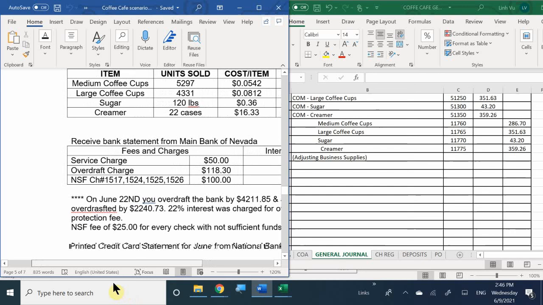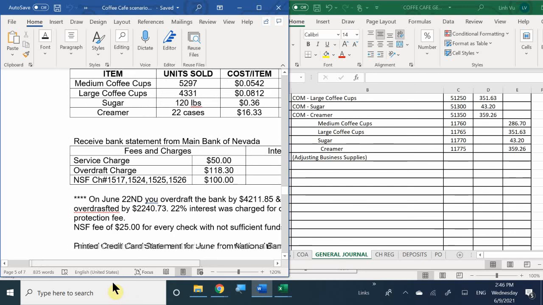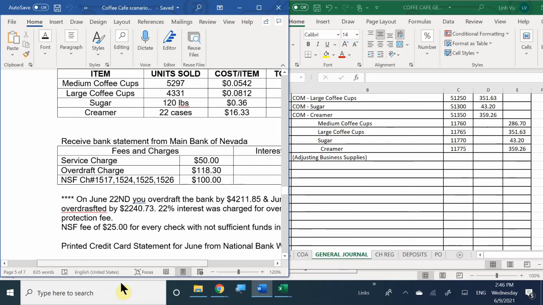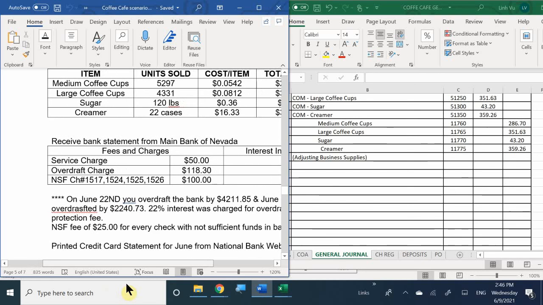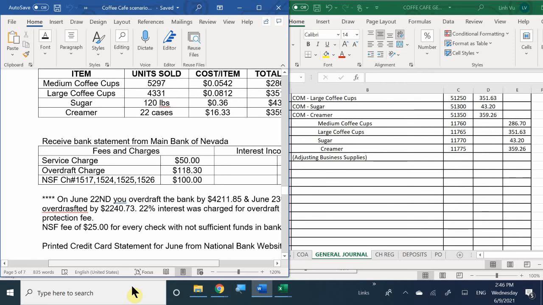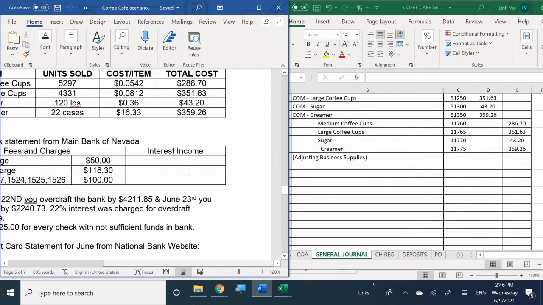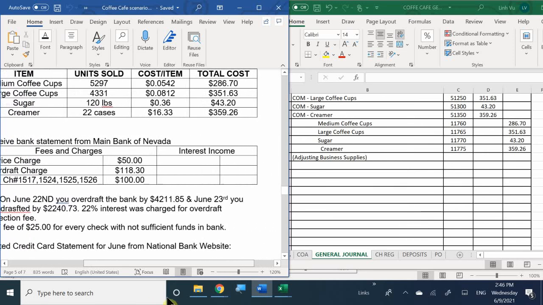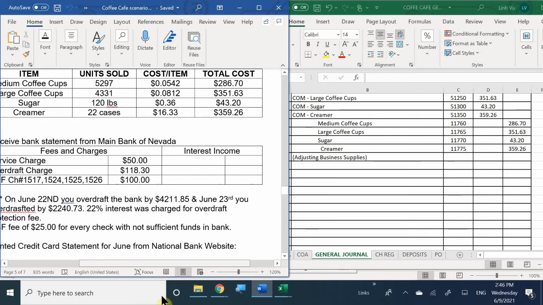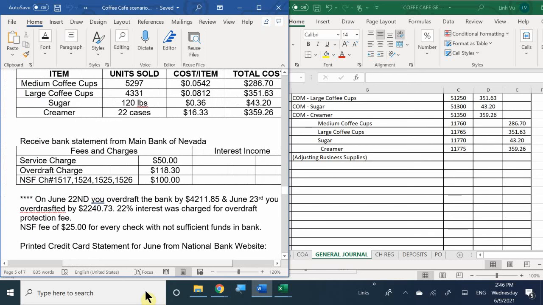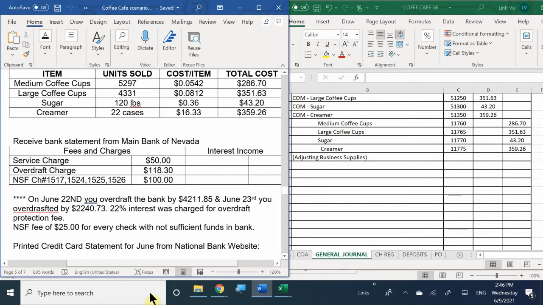So in this case, we wrote it for check number 1517, 1524, 1525, and 1526. Each check was going to be charged at $25 per NSF check. So in grand total, $100 for every NSF check you have written out.